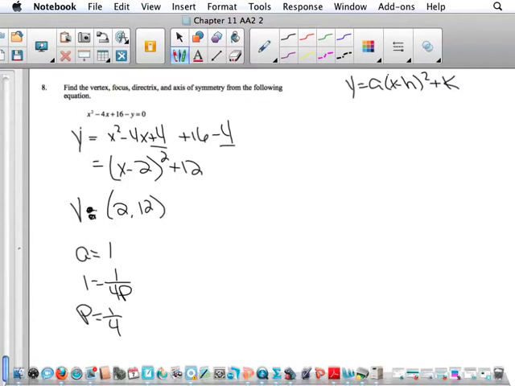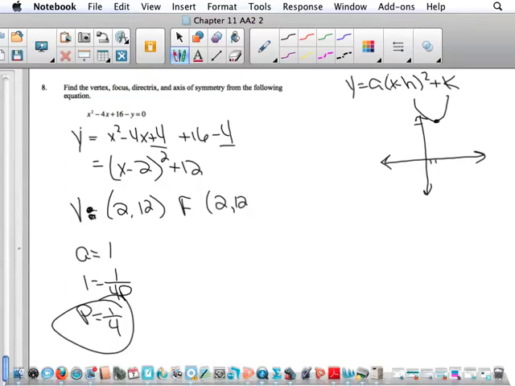So then, if I wanted to, I could sketch this just so I make sure I'm oriented correctly. I have (2, 12), and I know it's opening up. Okay, so I'm going to add that p units to the vertex. So it's going to go up 1/4, so it's (2, 12 1/4) for the focus.